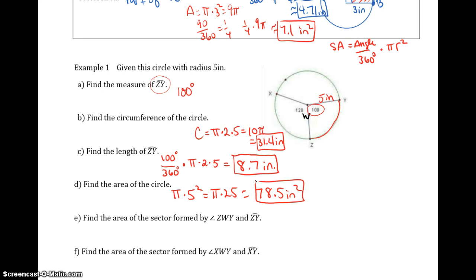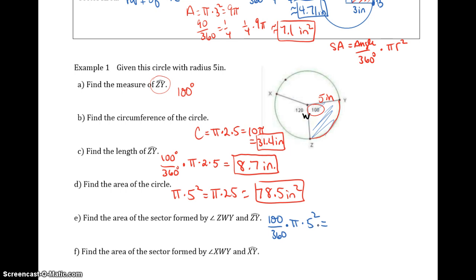Now for part E, it says to find the area of the sector formed by angle ZWY, so that's this angle, and the arc ZY, and that's this minor arc. So we want to find this sector area. So again, that portion of the circle is 100 out of 360 degrees times pi r squared, since we're doing area.